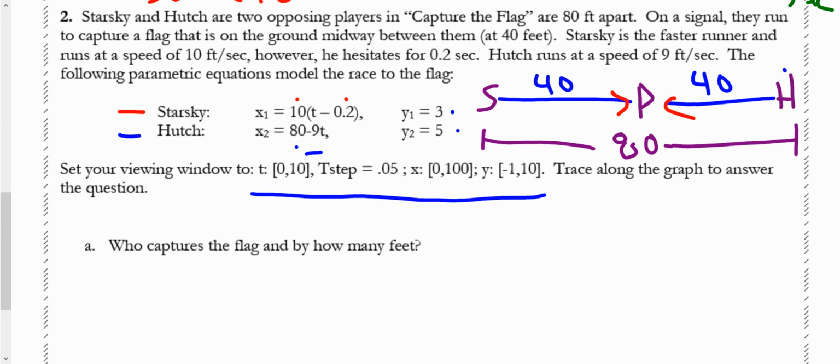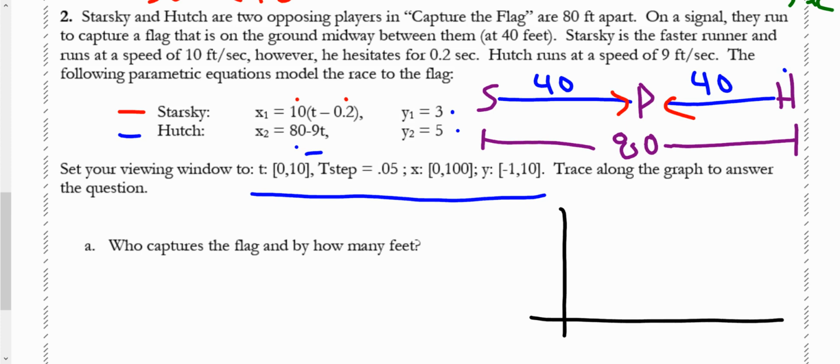So what we can do is we can trace along the graph to answer the question. So what we want to do is answer who captures the flag and by how many feet. Okay, so what I'm going to do is I'm just going to draw a quick little diagram of when I graphed it, kind of what it looks like and what you should be seeing.